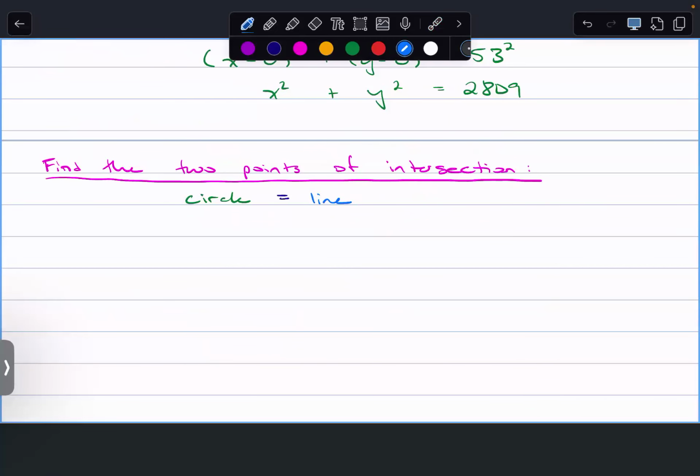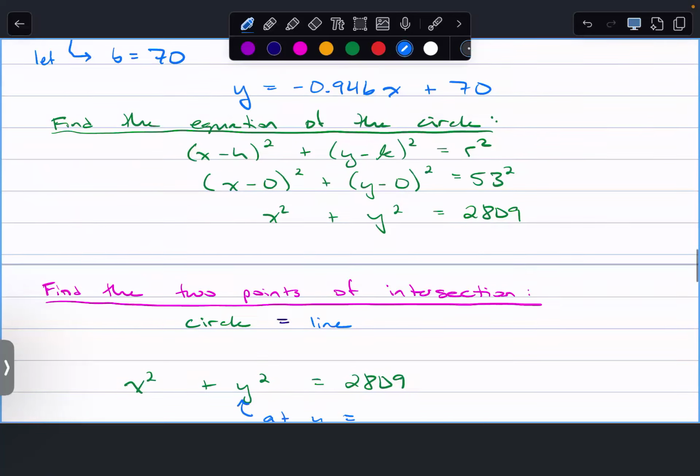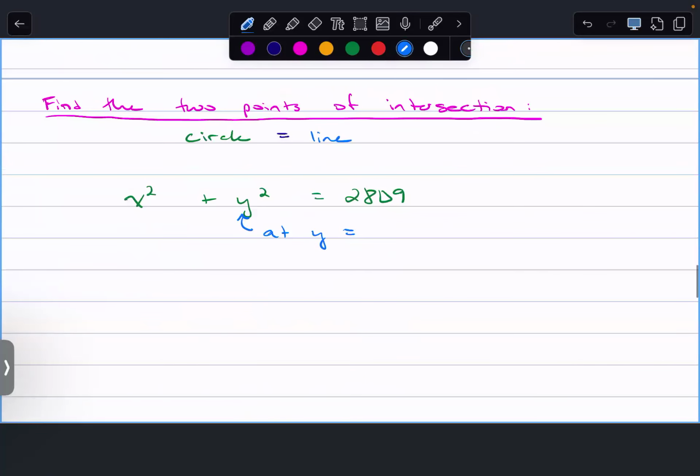And so, okay, then x squared plus y squared is 2809. But y, I know, but good, is negative 0.946x plus 70.